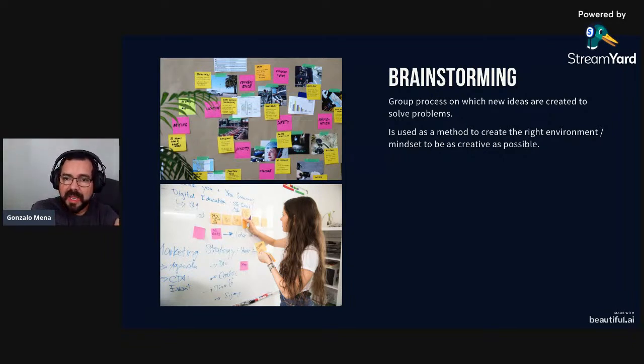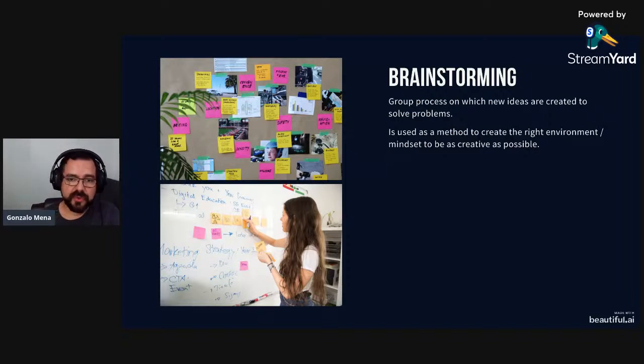So ideally, if you can work with someone, you can add a friend to this process, you can add a classmate. It's going to be great. If not, for any reason, you cannot add someone to your team at this moment, not a problem. You can do it all by yourself.